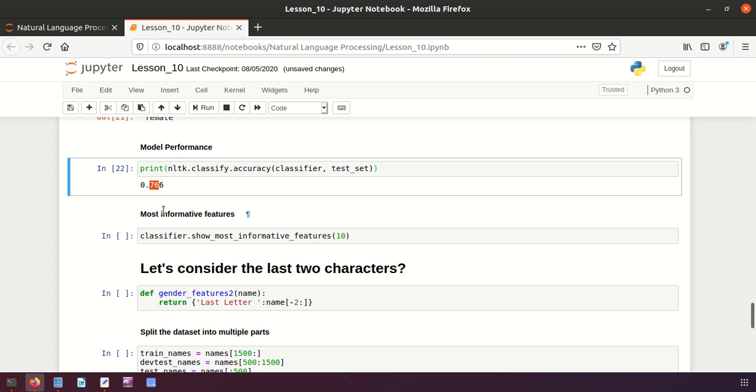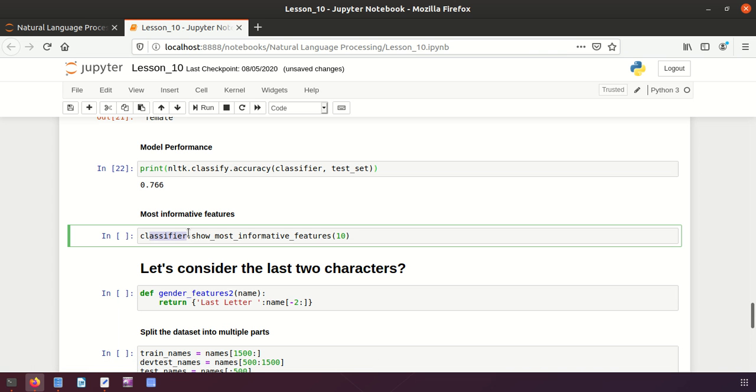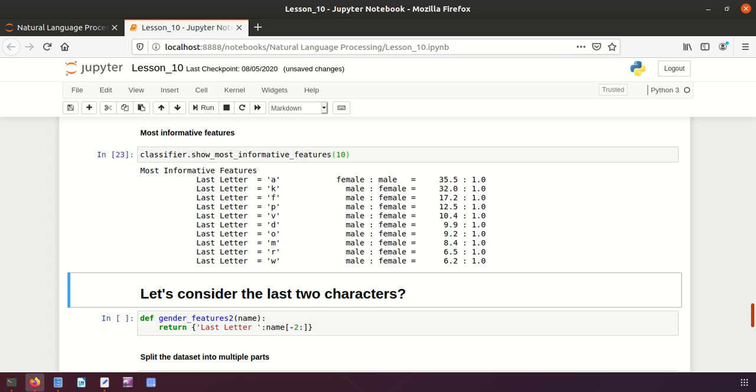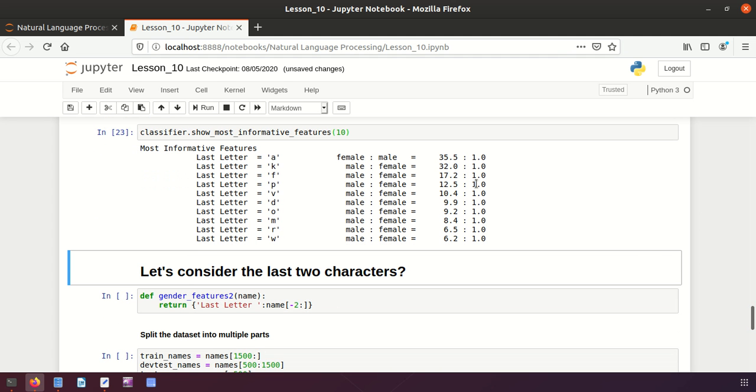And then let's see the most informative features. If you want to see them, from our classifier we will call the function show most informative features. Ten of them I want to see. You see here, these are the most informative features, right?